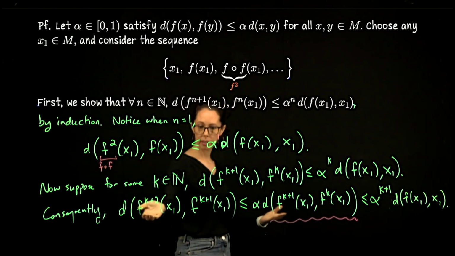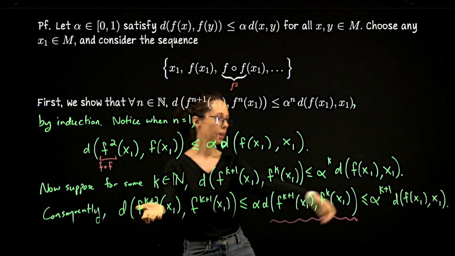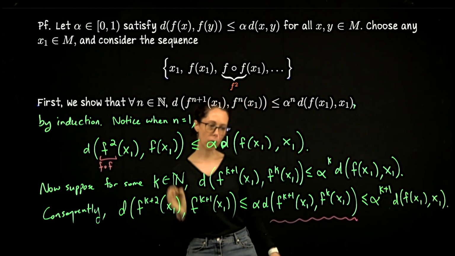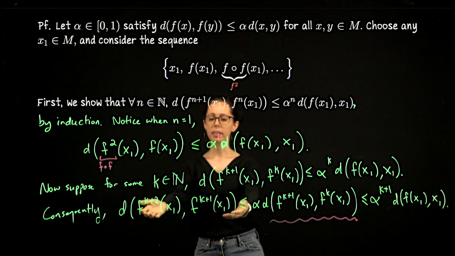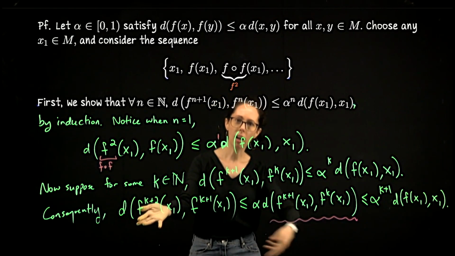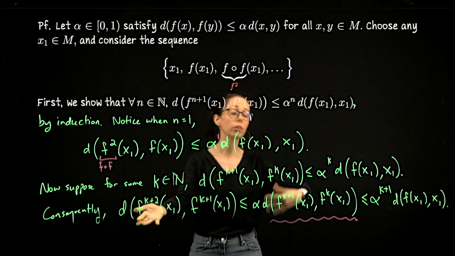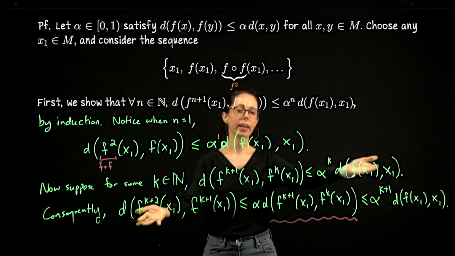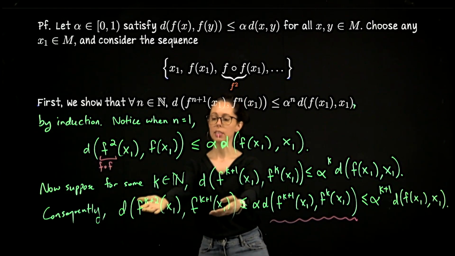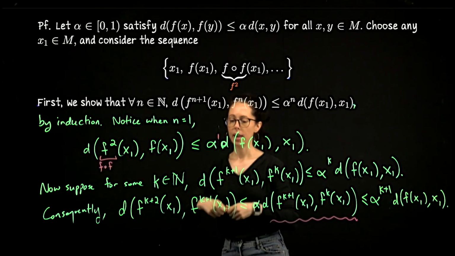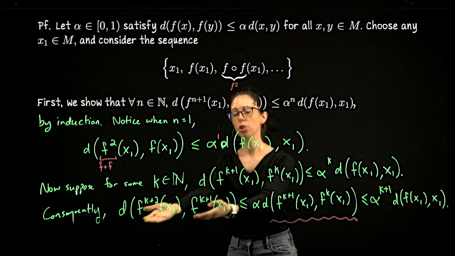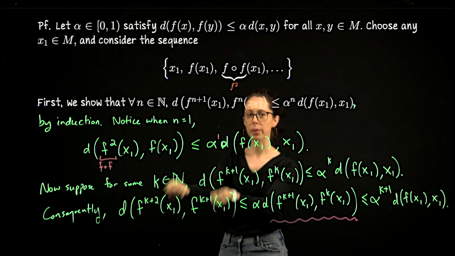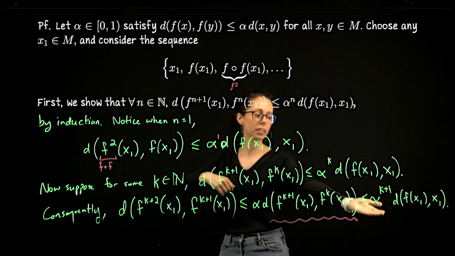Okay, so any pairwise terms are going to satisfy the desired inequality. If you're wondering if induction was strictly necessary, no, you could basically start with this and keep peeling off a copy of alpha until you get all the way down to the second and the first term. You could just say, hey, that's a contraction, and undo all these applications of f, peeling out an alpha each time until you get to this.